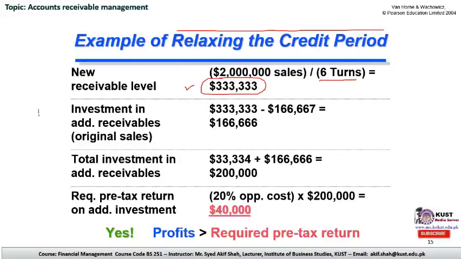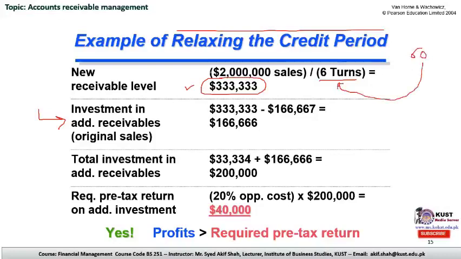We have to find out next the investment in the additional receivables, that is in the original sale. So previously we have $166,667 for funds tied up in our account receivable, but after the change in the credit period to net 60 days, the account receivable turnover reduces to 6 times.